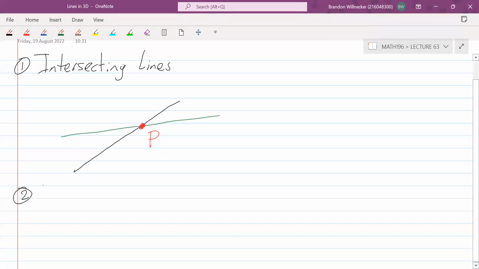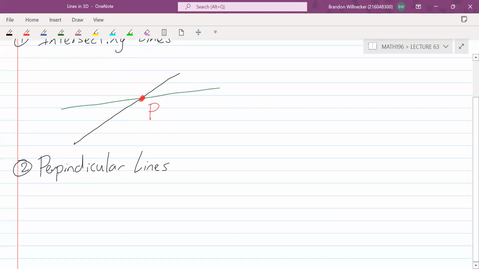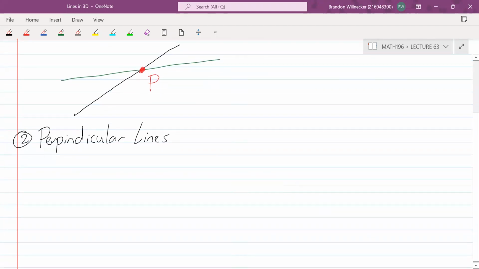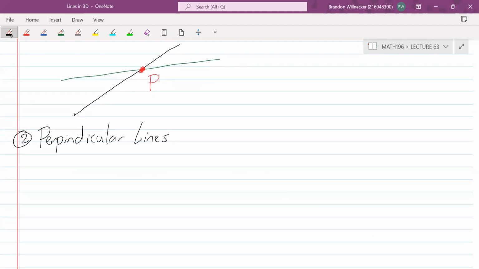So number two, perpendicular lines. So this is where they are intersecting, but also the angle between them is 90 degrees. So again, we've got some line going this way, some line going this way.